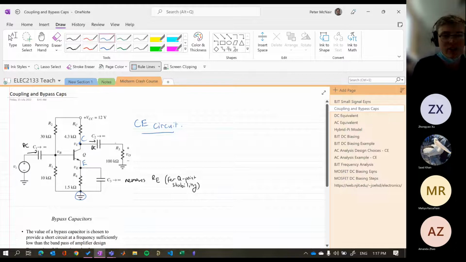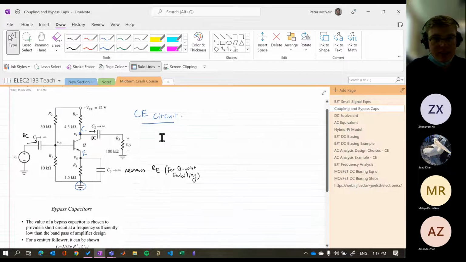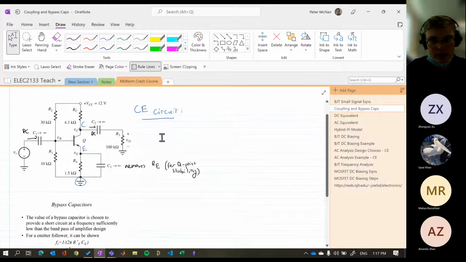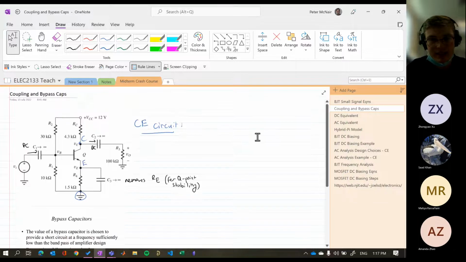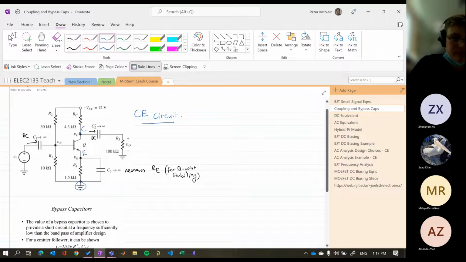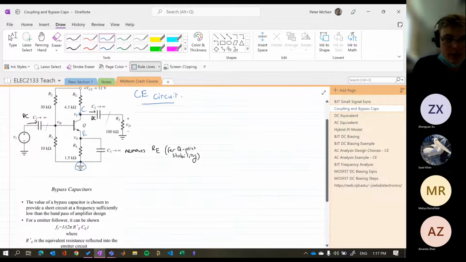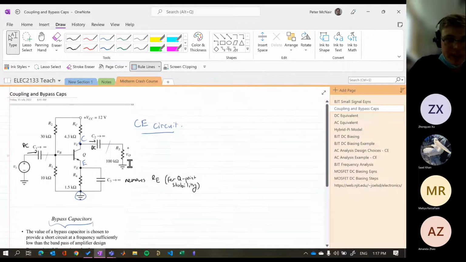This is sort of like the classic example of a BJT circuit. We're going to look at it for DC biasing and for AC analysis. When you see these capacitors here, the ones on the input and on the output are called coupling capacitors. Essentially they remove the DC.